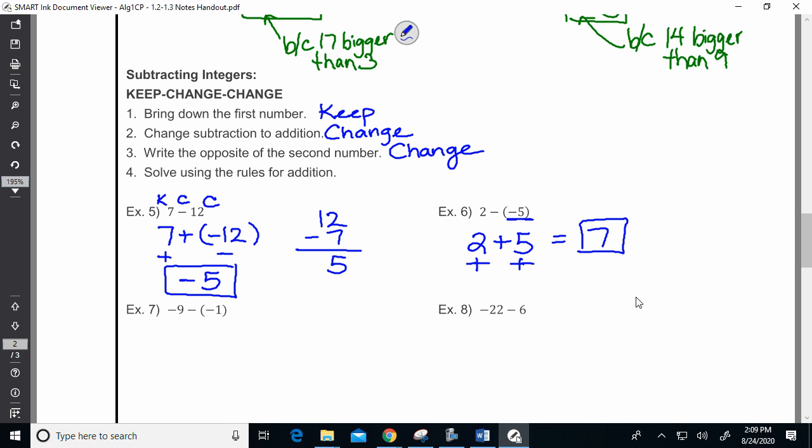Example 7, keep the first number, change subtraction to addition, take the opposite of the second number, which would be positive 1. So you have a negative plus a positive. Subtract. Since 9 was bigger, your answer would be -8.